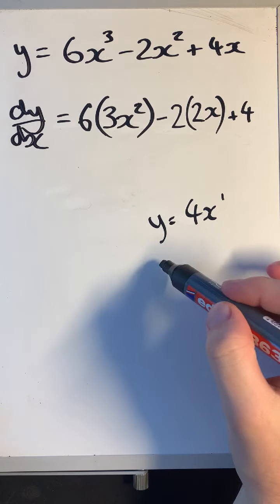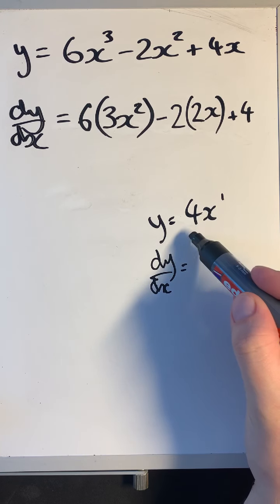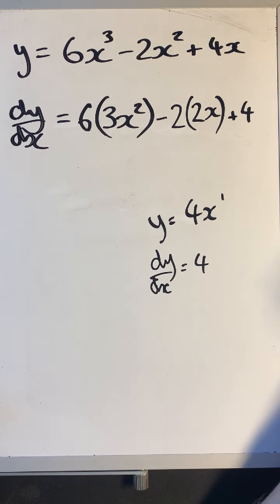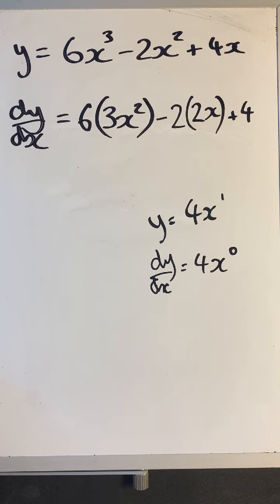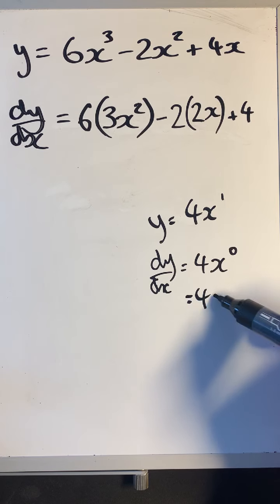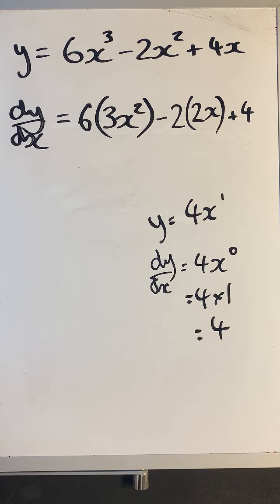If we differentiate this as normal, dy dx, bring the power down in front, multiplies by the 4, so we just get 4, take 1 away from the power, and we get x to the 0. Anything to the power 0 is equal to 1, so we end up with 4 times 1, which is 4.